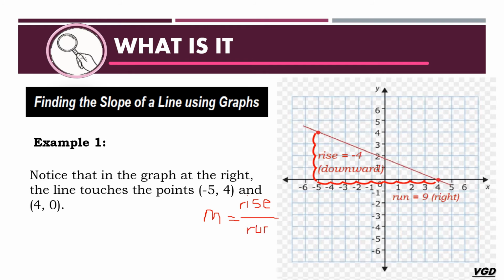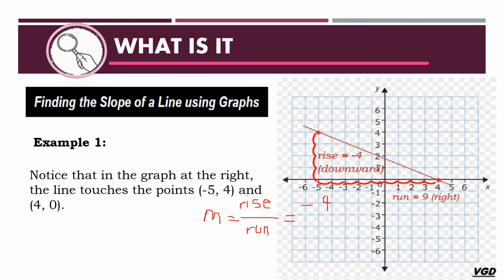So as you notice, from point (-5, 4), it will go down 4 units, going down to the x-axis. And then from there, the rise is -4, and the run is, so we just have to count the units going to the x-axis, which is +4, since we don't have y here.